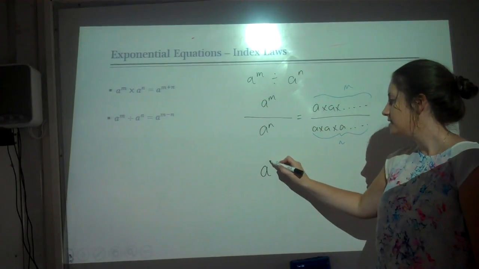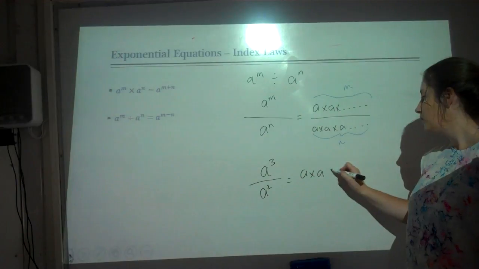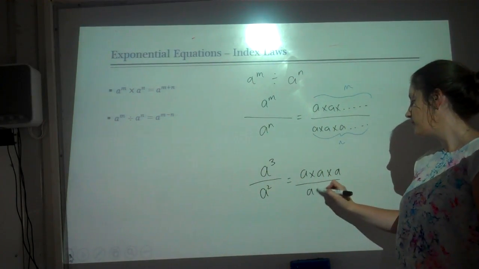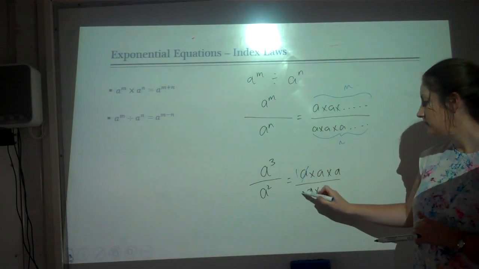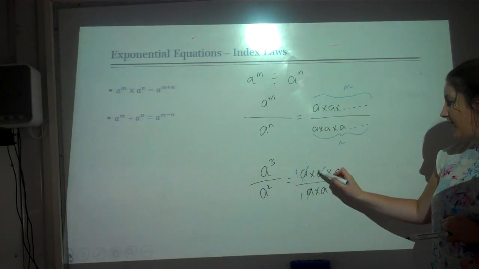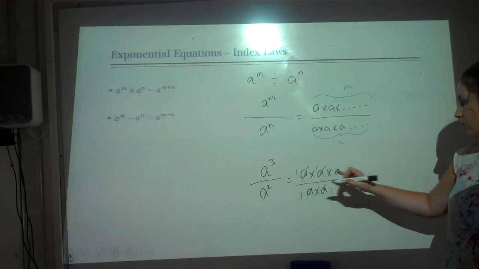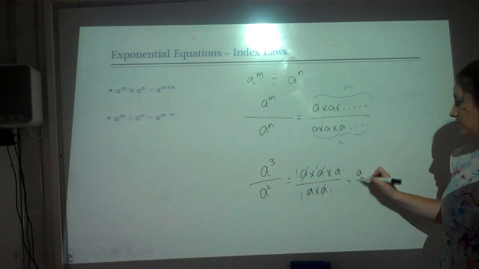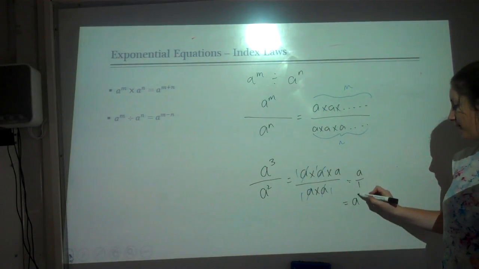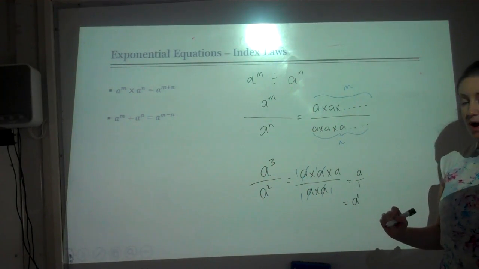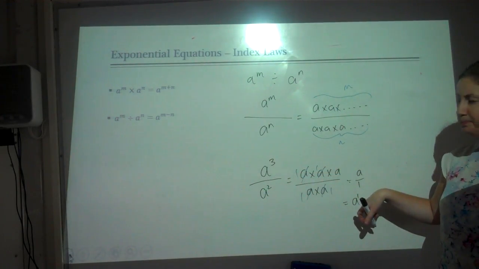If I had a to the power of 3 divided by a to the power of 2, we would cancel out. a divided by a is 1, a divided by a is 1, a and a cancel out. I would be left with 1 times 1 times a, which is a, over 1 times 1, which is 1. I'm left with a, and when a power is not written, it's to the power of 1. And 3 minus 2 will also give us 1.